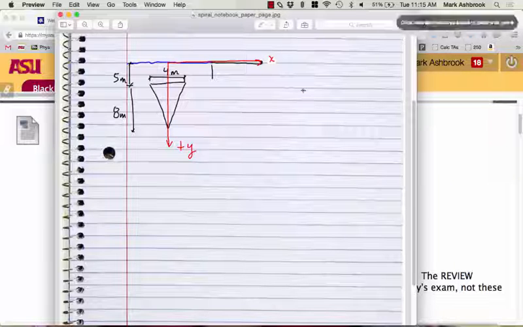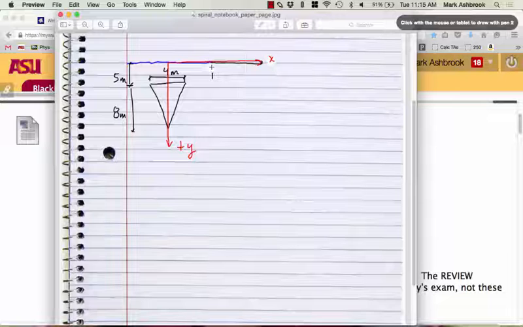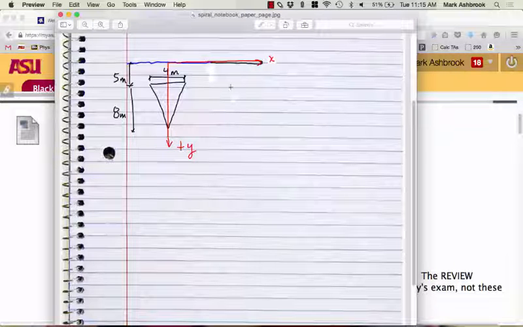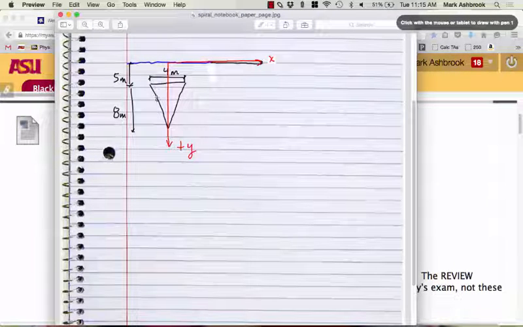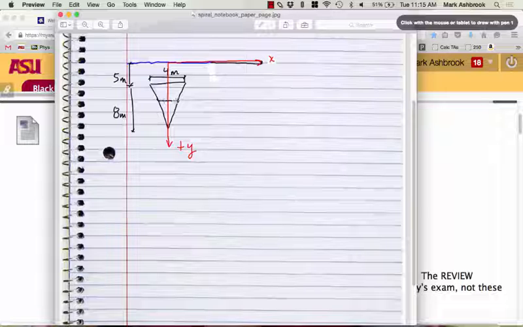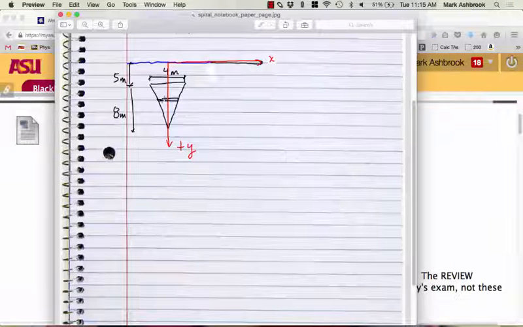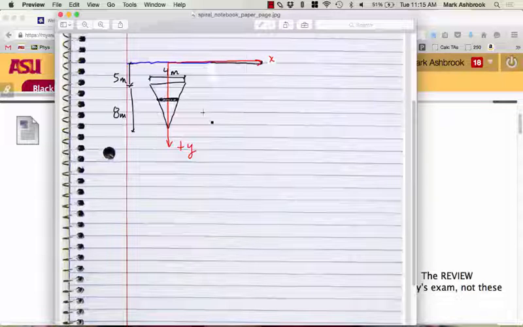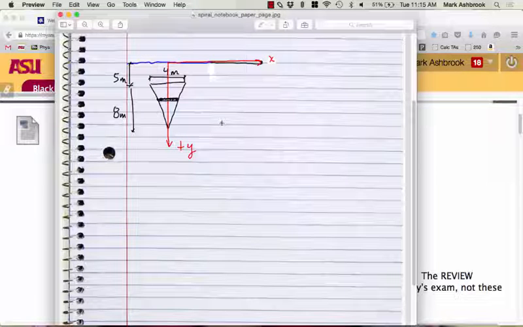I think most of us got to the point where we knew we're going to look at the force on a typical strip, because the pressure doesn't change for a very small change in depth, right? So that's going to be our delta A right there.